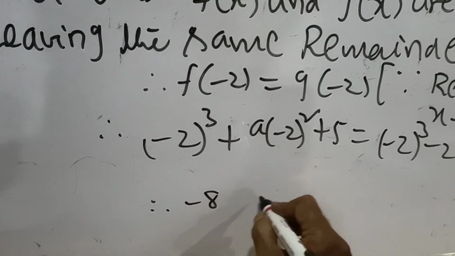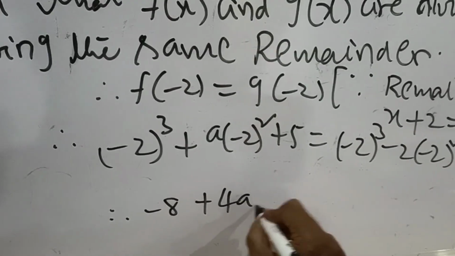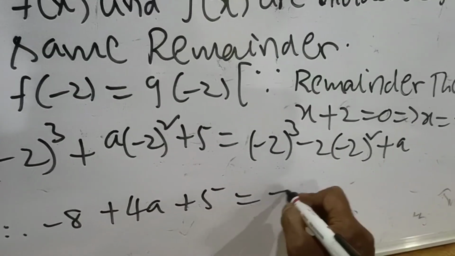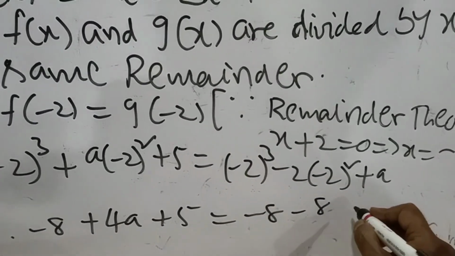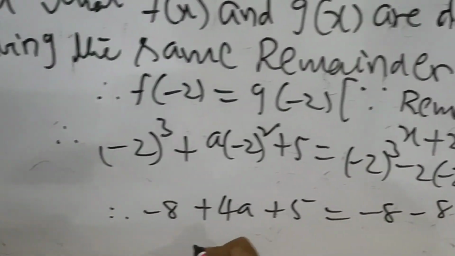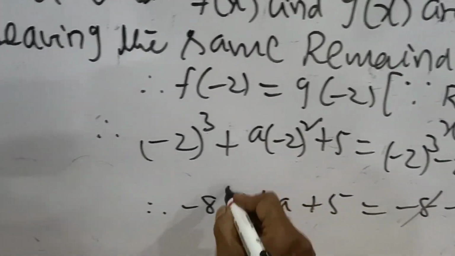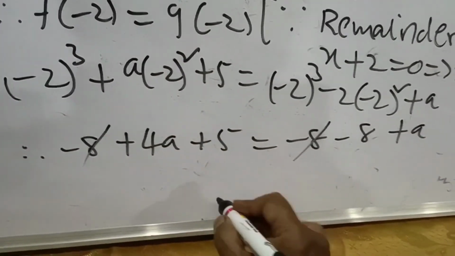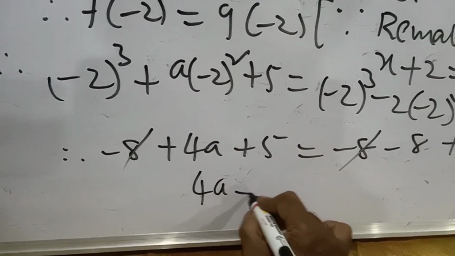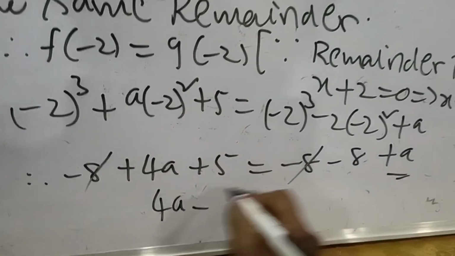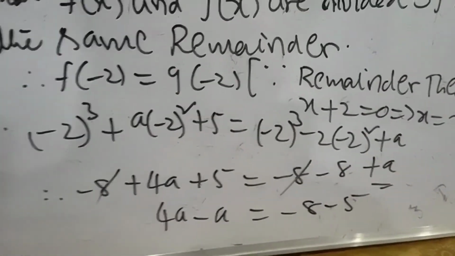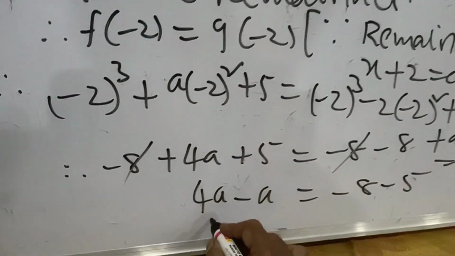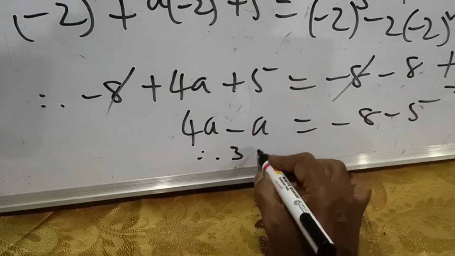Minus 2 whole cube means minus 8. A into 4, 4a, plus 5 is equal to minus 8. Minus 2 whole square is 4, 4 into minus 2 is minus 8, plus a. So here minus 8 cancels on both sides. 4a minus a, when you bring this a to the left side, 4a minus a is equal to minus 8 minus 5.